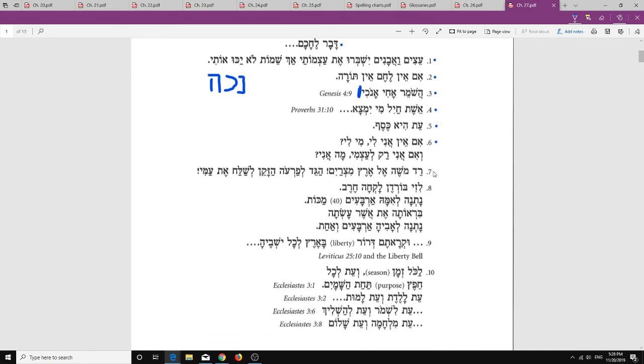Okay, next one. Red Moshe el eretz Mitzrayim. Hagged le-Par'oh hazaken leshalach et ami. So here we have red. Kind of looks funny at first, okay?